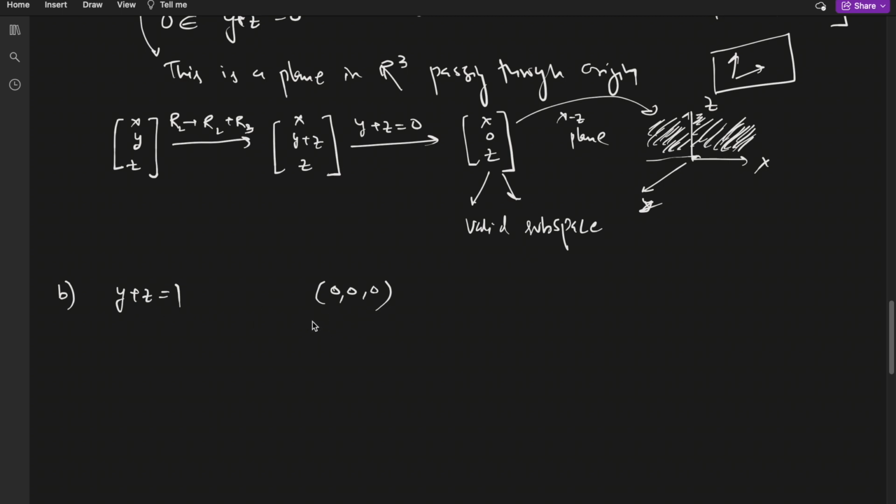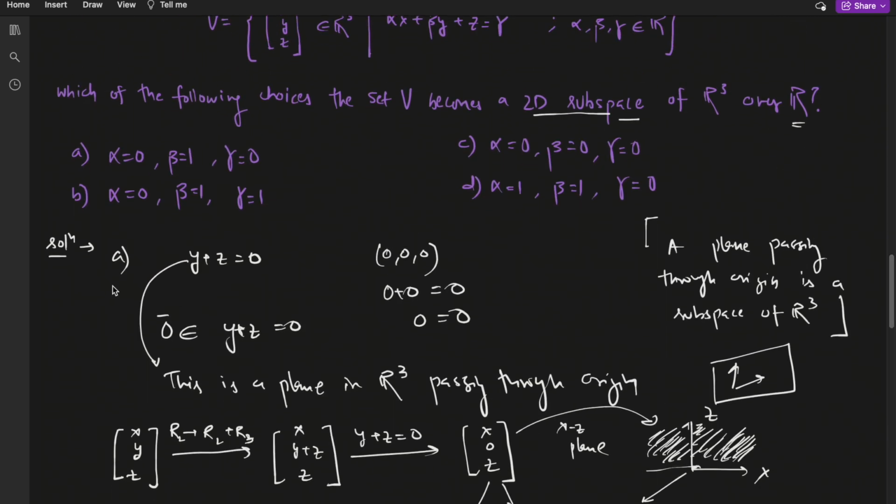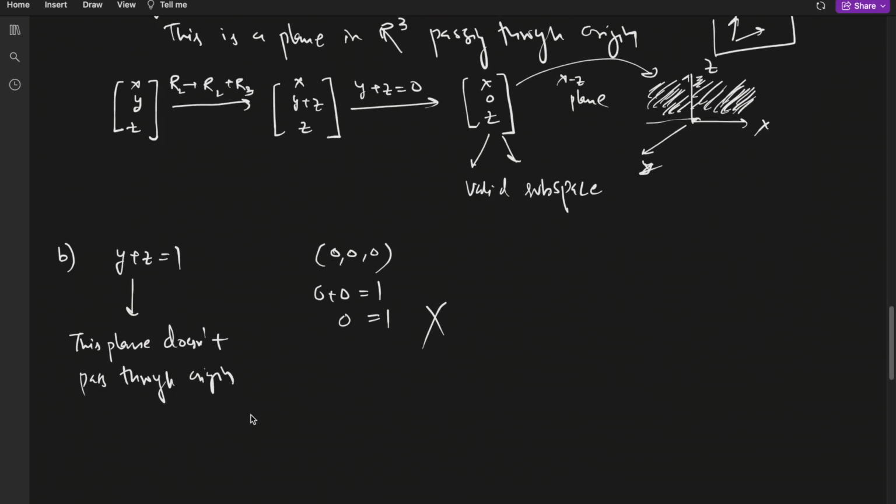So we put 0 plus 0 equal to 1, 0 equal to 1. So no, 0 is not equal to 1. So this plane doesn't pass through the origin.